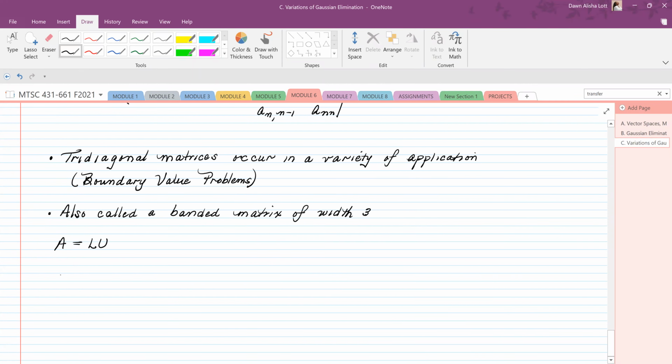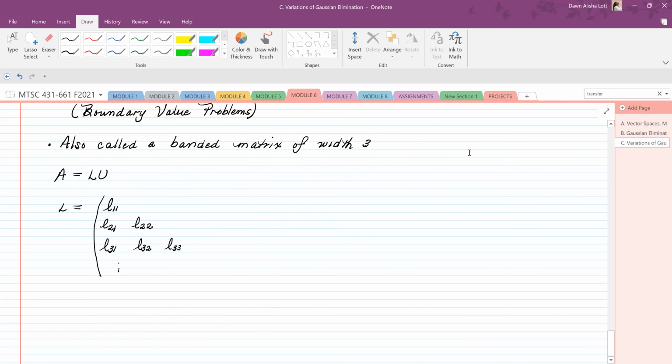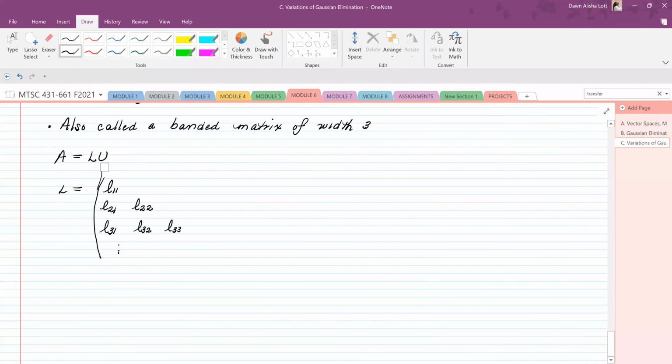And it's done by doing L is a matrix that looks like L11, L21, L22, L31, L32, L33, dot, dot, dot, all the way down to L(N,N-1), LNN.